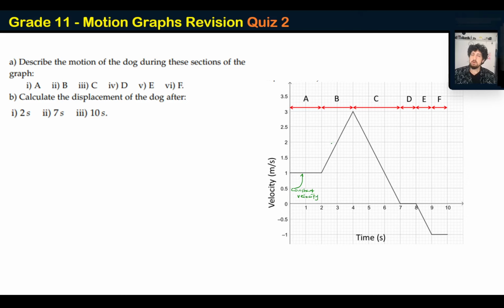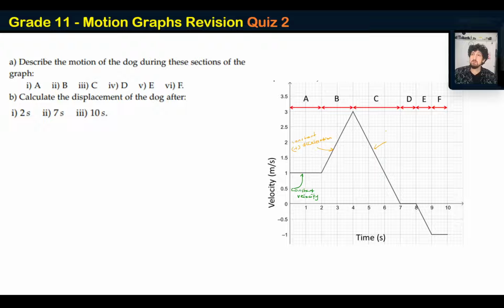And this part here, I'm going to go with orange. It's constant positive acceleration. You don't have to say positive. If you say constant acceleration, that's fine. We'll understand.